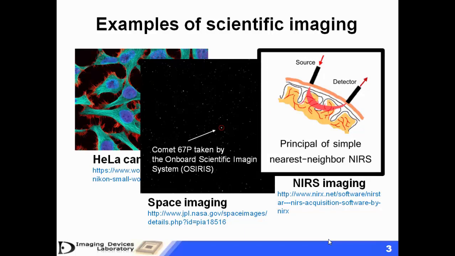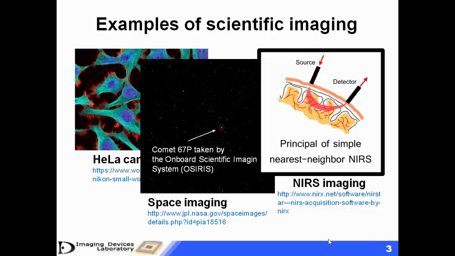This NIRS measurement system is simply composed of the source part, meaning the light source, and the detector. The light is incident from here into the skin or the brain, and the signal is absorbed or diffused.